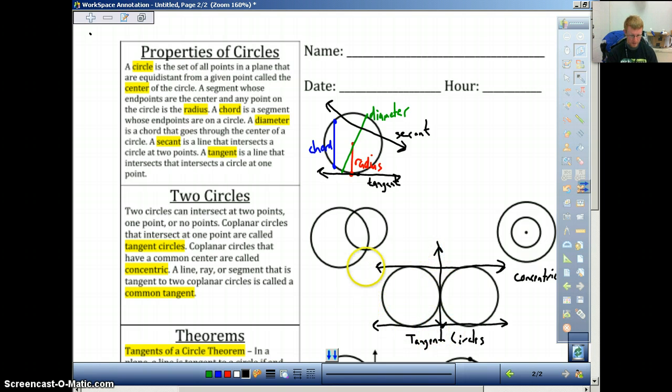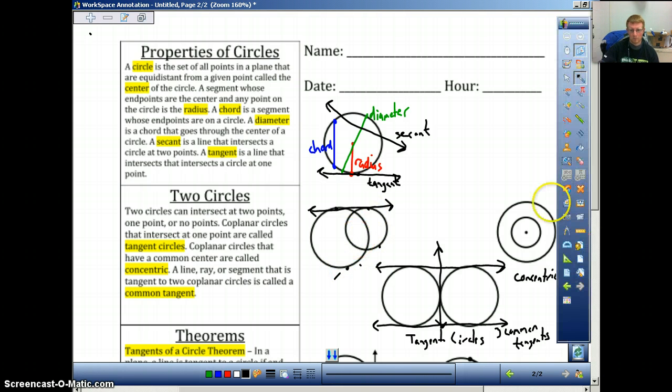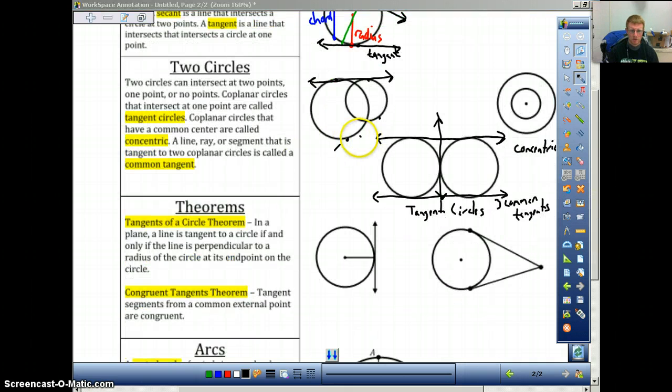So tangent circles actually have 3 common tangents. If we look at these circles right here, they have the intersection point and they overlap at one place. These ones, because they're not concentric, those have 2 common tangents.